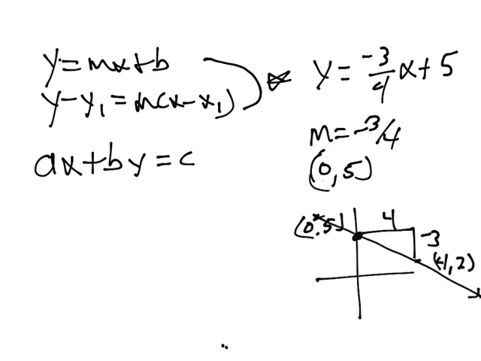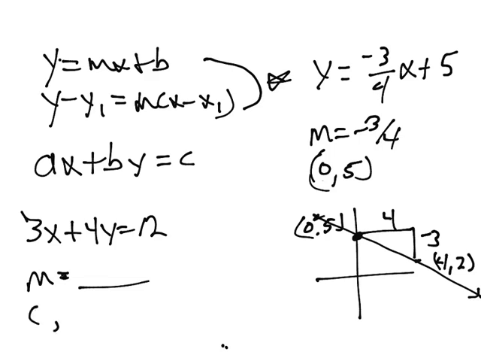There's my line. If someone hands me an equation in the form 3x plus 4y equals 12, one that we saw in a previous lesson, what's the slope? What's a point that the line passes through? You have no clue because it's written in this form.